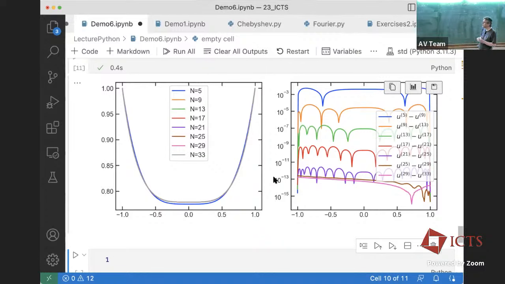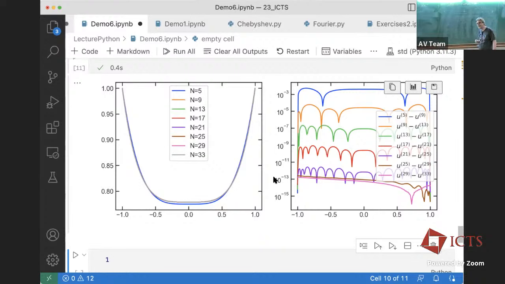And one can do fancy things like keeping extra modes around to guard against aliasing. Or one can do what I'm doing here, just not worry about it, because the aliasing is proportional to the modes we are not representing. And since those are exponentially small, increasing n a little bit makes them also a lot smaller and nothing to worry about.